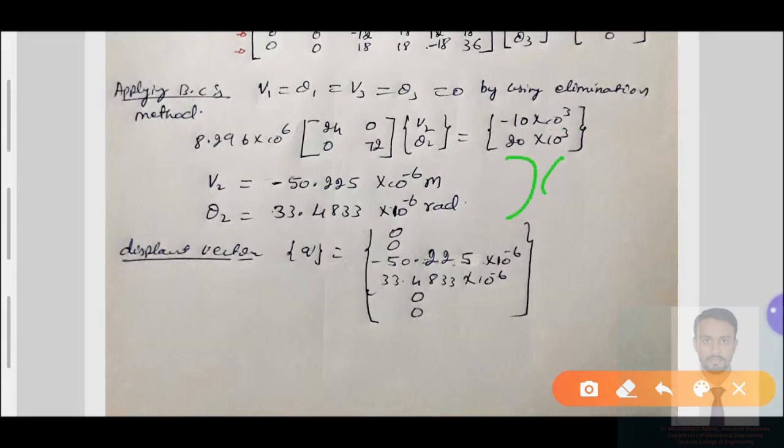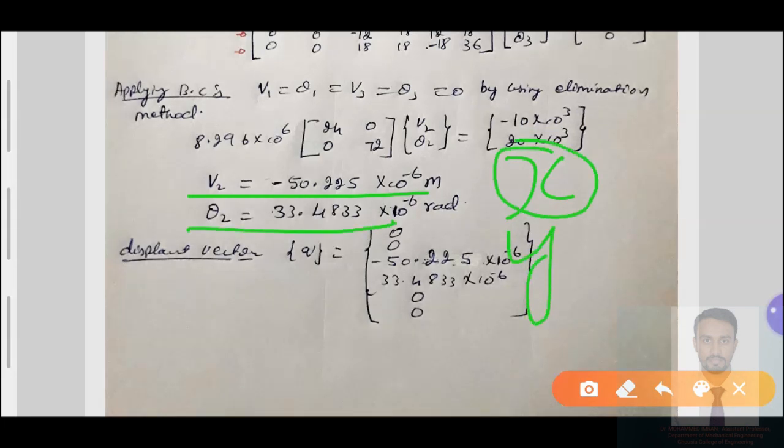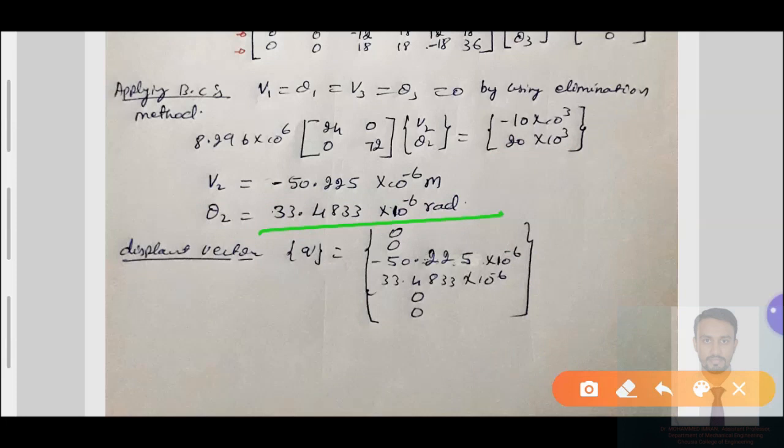You will get an x value, which is v2, and a y value, which is theta 2. The x value is in meters, the y value is in radians. X depends upon the transverse displacement v2, and y depends upon the rotation of the beam element at node number 2. The rotation is represented in radians, and the transverse displacement in meters.